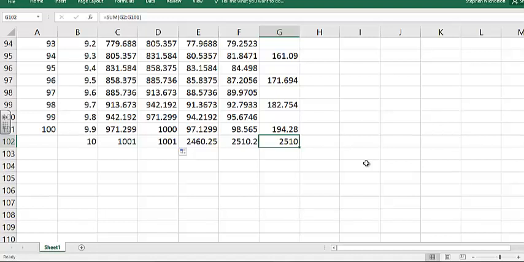Okay? So the point here is that to do a complicated integral that there's no analytical solution to, you can approximate the area under the curve in the simplest case by using a rectangle. The next one is the trapezoid, which makes a huge improvement. I'm within 2/10 out of 2,510.